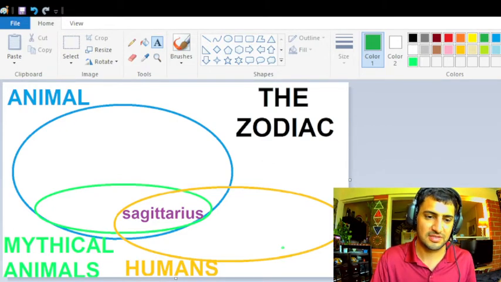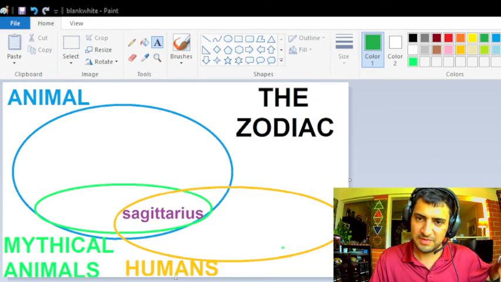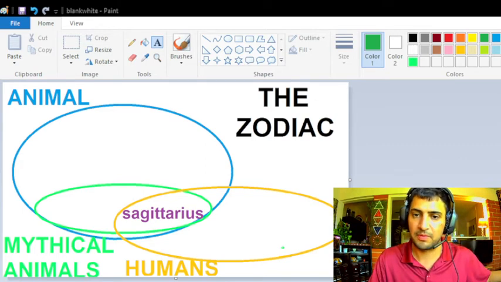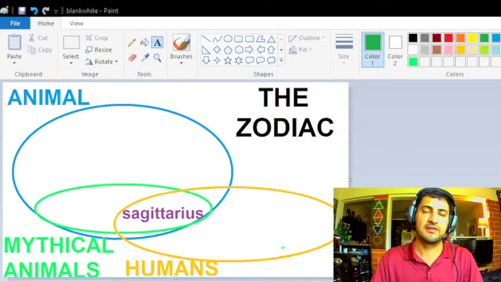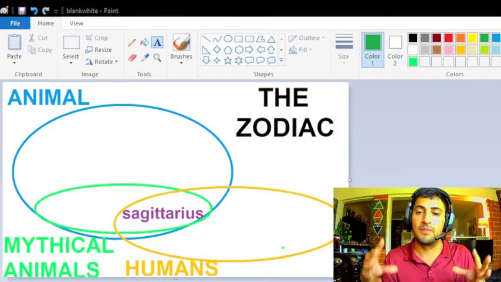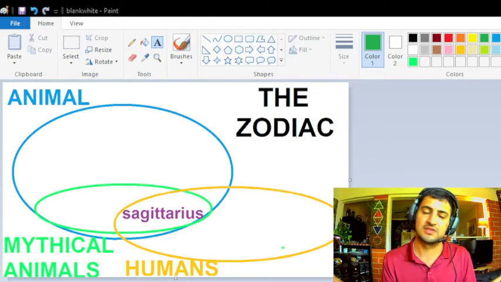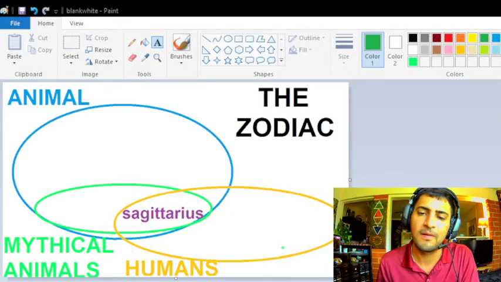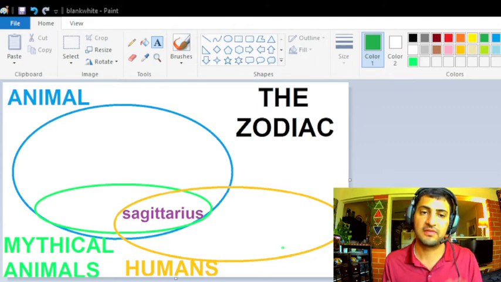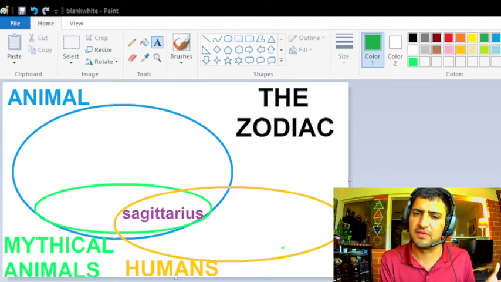One is Sagittarius. What's the other one? I'm gonna let you guess it. It's Capricorn. Both Capricorn and Sagittarius are combinations of two different creatures. Sagittarius, we already talked about, is half horse, half person. It's a centaur. And Capricorn is half fish or serpent, half goat.